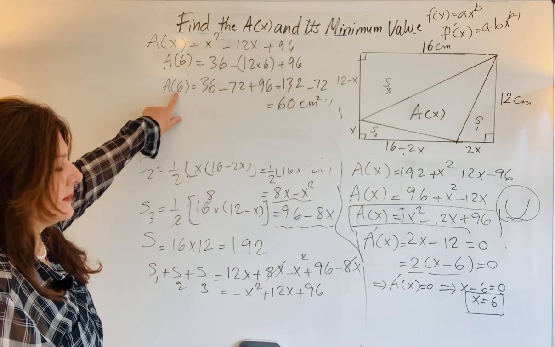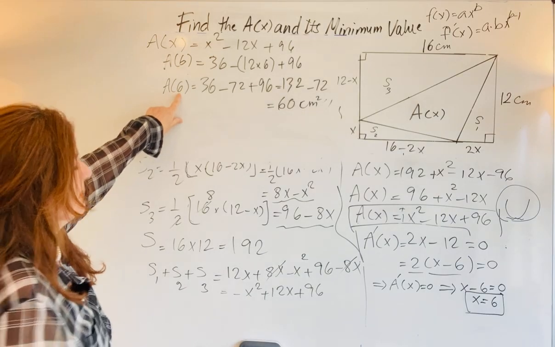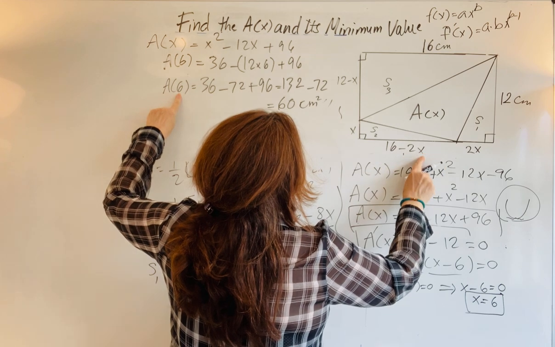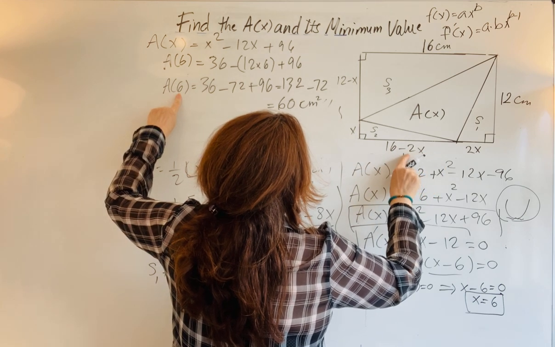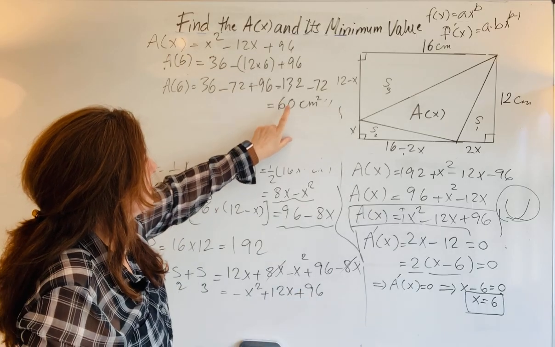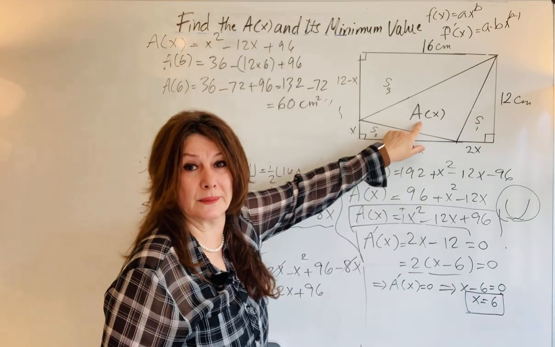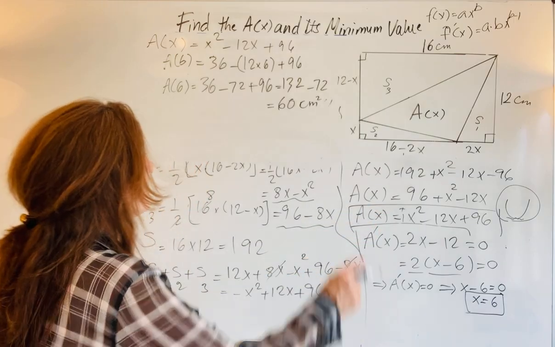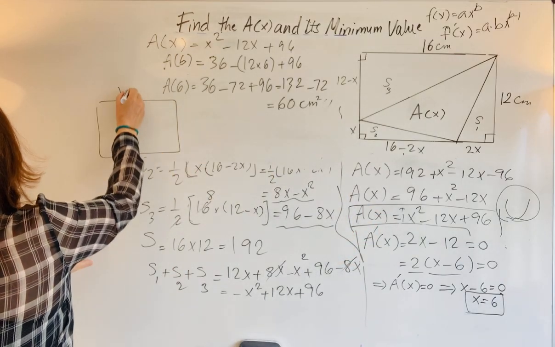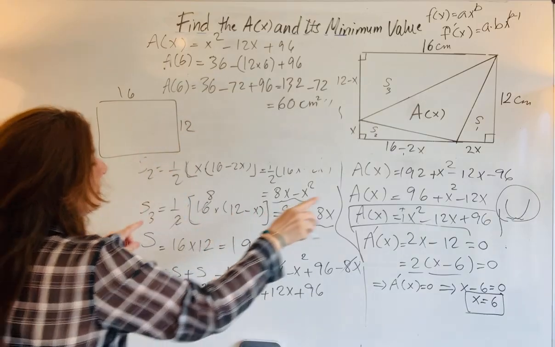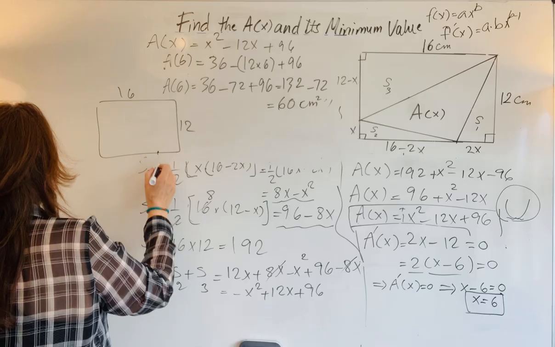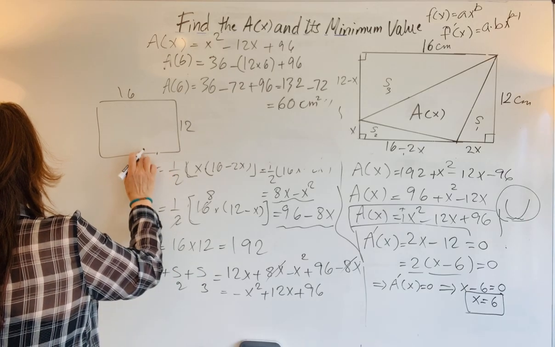When x is 6, this gets 12. When x is 6, 60 minus 12 gets 6. And this one, we have the minimum area. But the rectangle looks like this. This one is 2 times 6, 12, for example.